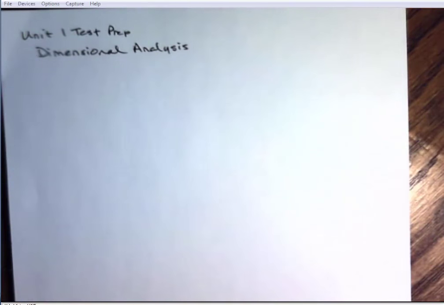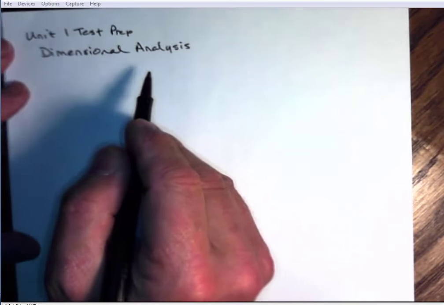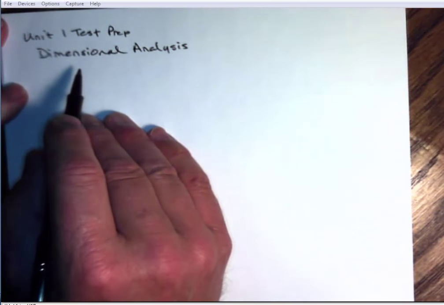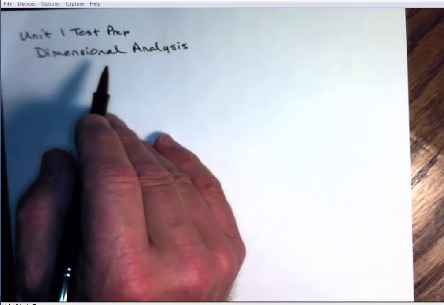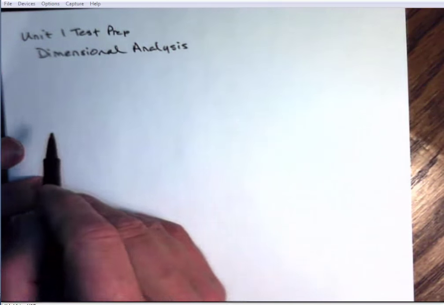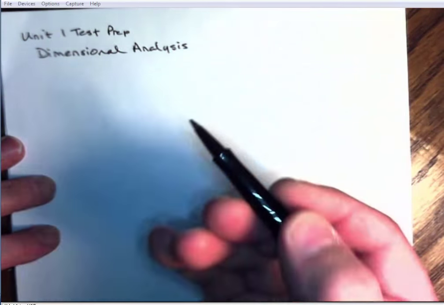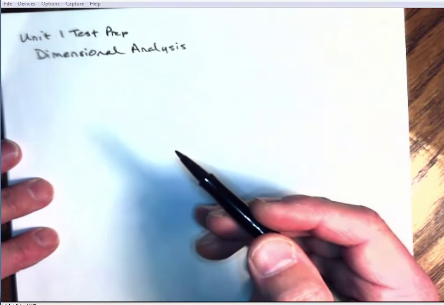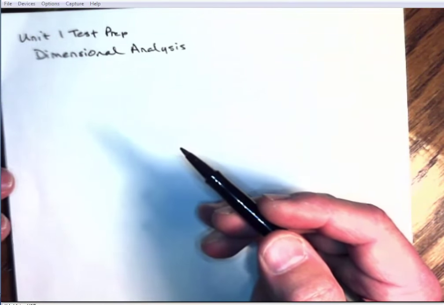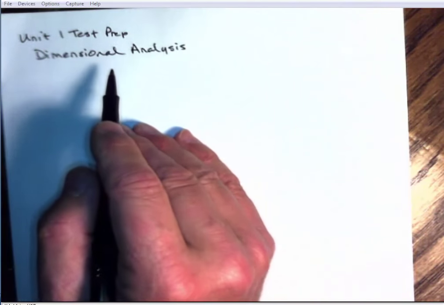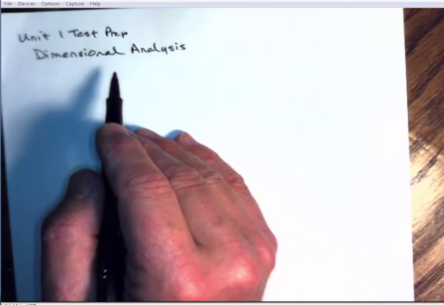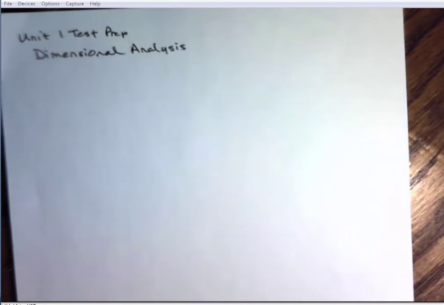Okay, when we're talking about dimensional analysis, think about dimensions in a little bit different way. We often talk about dimensions like being length and width and height, right? Okay, and they are dimensions, okay? But in this sense, dimensions mean just any kind of measurement, any class of measurement.